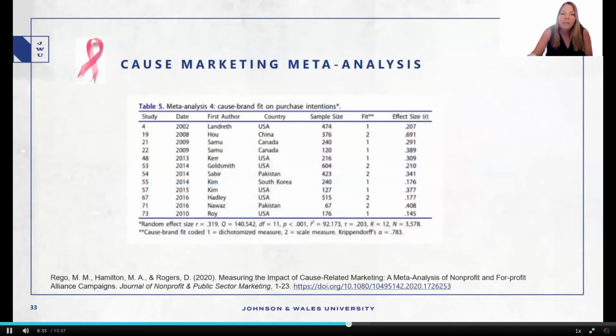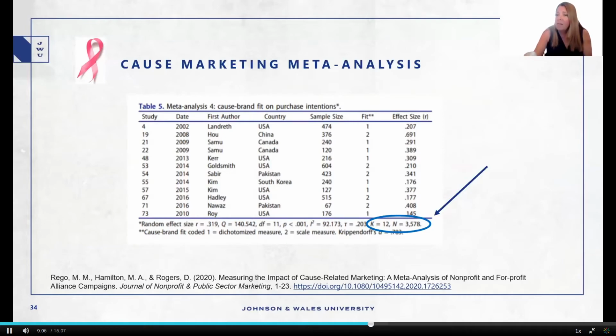So here's an example, again still keeping with the cause marketing study, of looking at the relationship of cause fit on purchase intentions, and the effect size was in Pearson r, correlation. And you can see that there's a wide range of effect sizes that was found across these studies. Now, the K, so there were 12 studies in this particular bivariate meta-analysis, ended up producing an N of 3578.